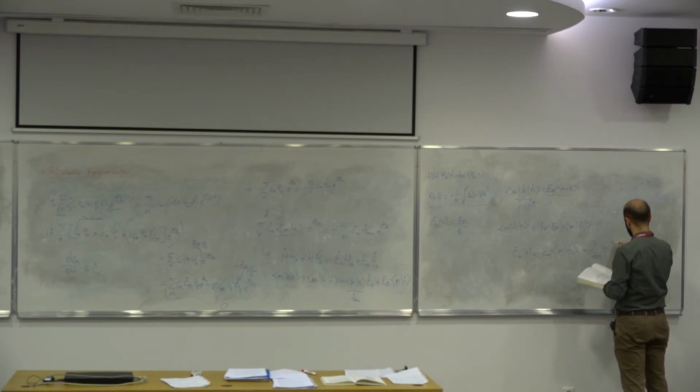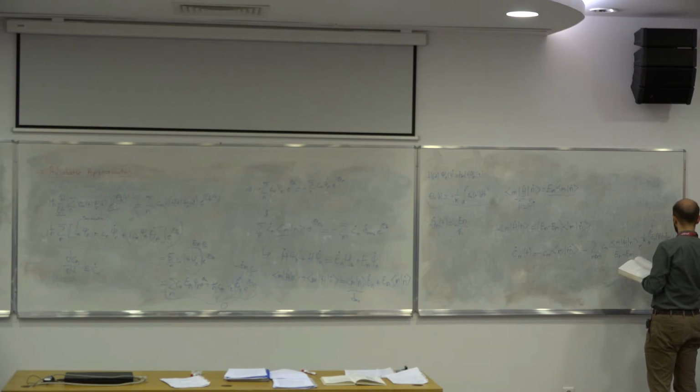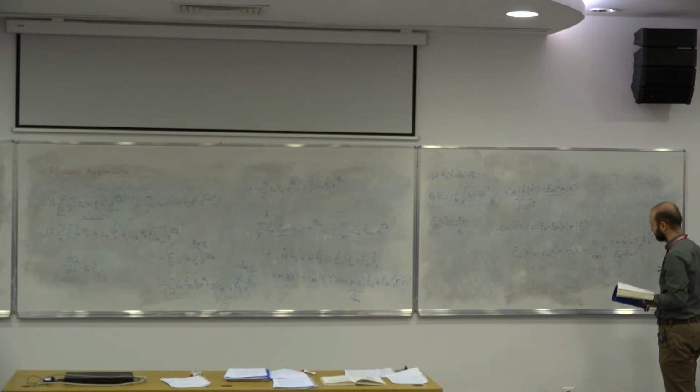I'm going to have m H dot n divided by En minus Em, e to the minus i over h bar integral from 0 to t of En of t prime minus Em of t prime, integrated over dt prime.